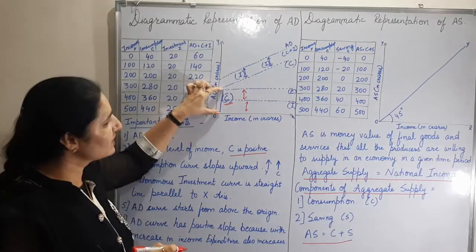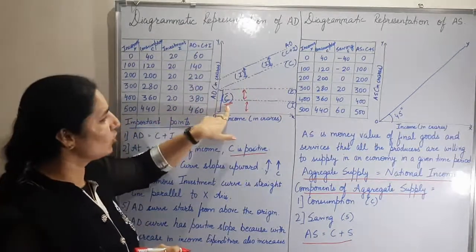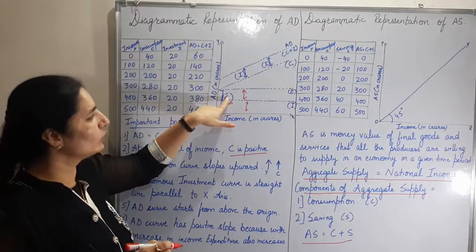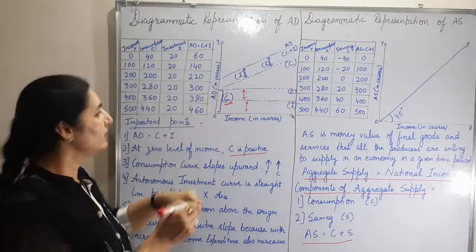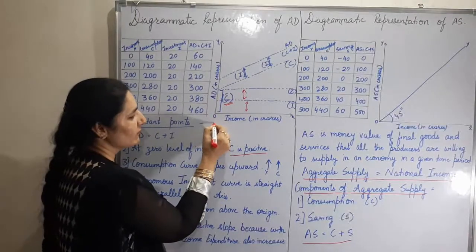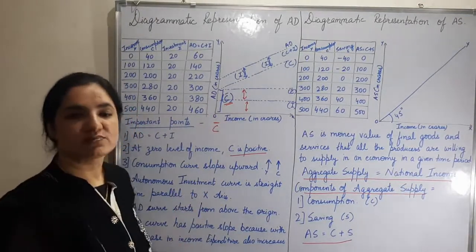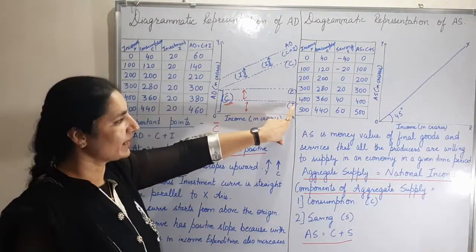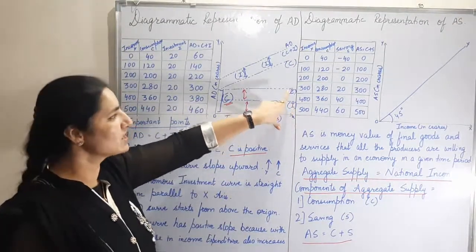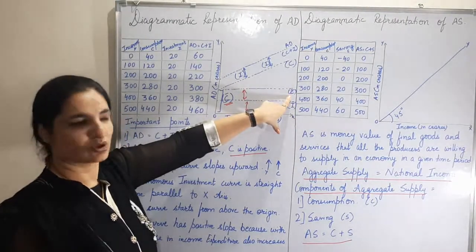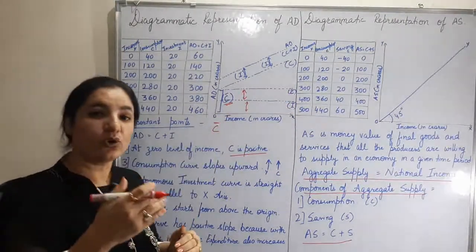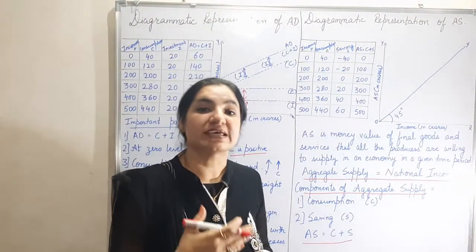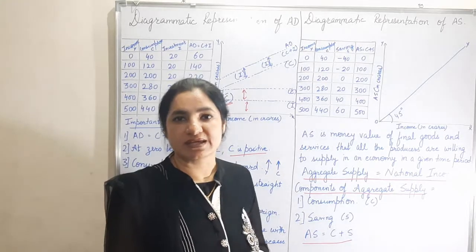So when both of these are combined, they are called autonomous, which I have denoted with big C, and this mark we always give to represent the consumption as autonomous. See, the same mark has been given on I also as it was autonomous, on C also as this is also autonomous.